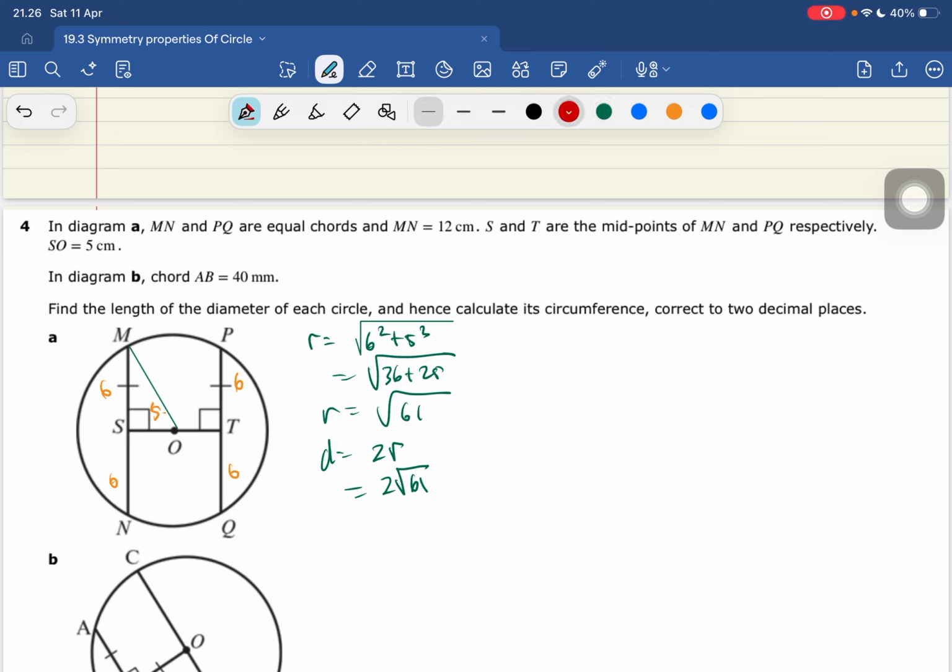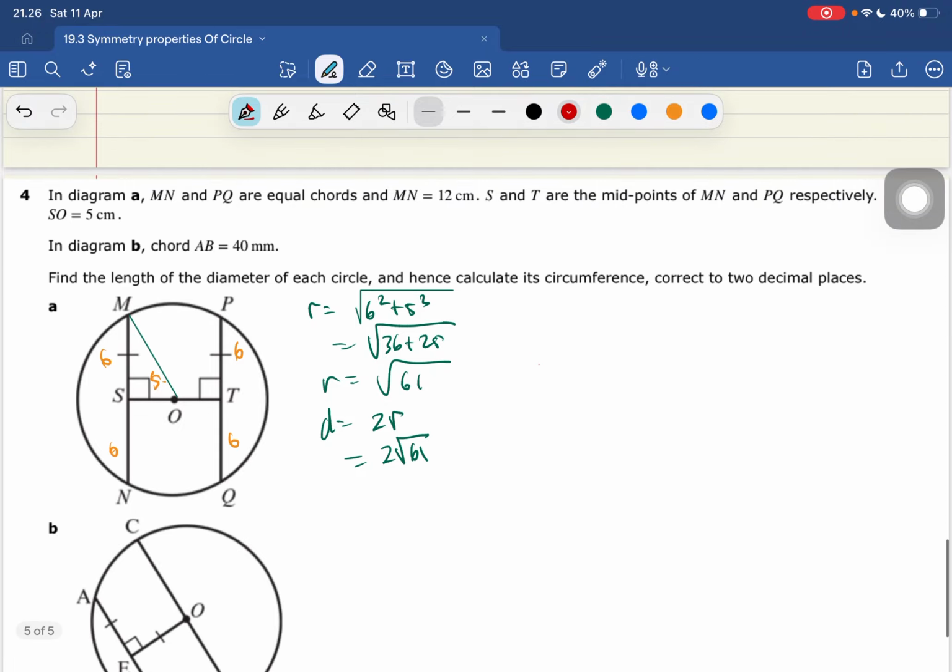Here is the diameter. Now we need to find the circumference of the circle. We can use 2 pi r, or if we found the d, the circumference is just pi times d.